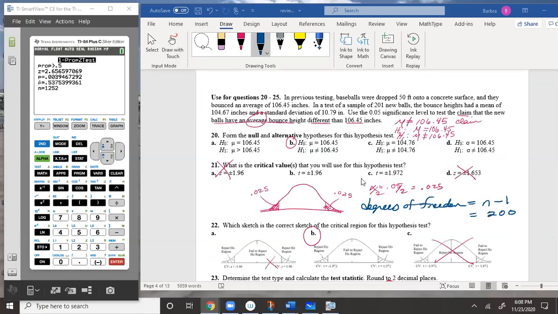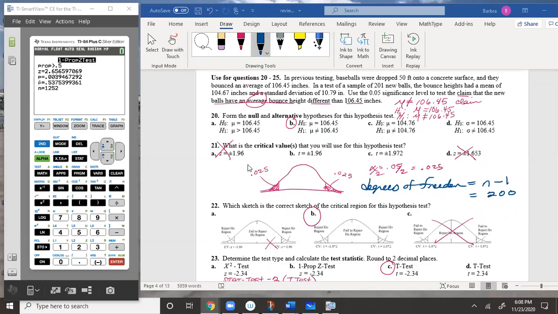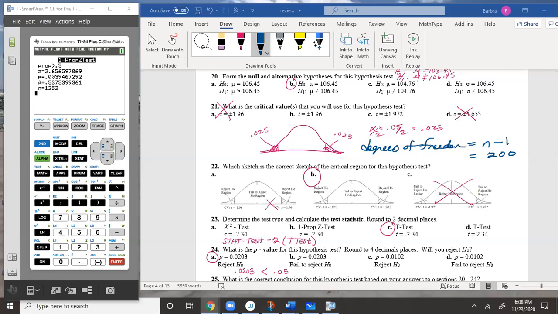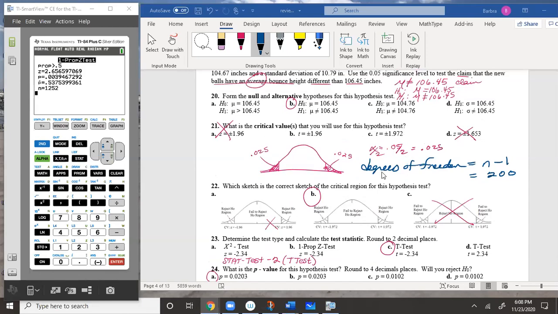Why is that slightly off from what this is in the chart?